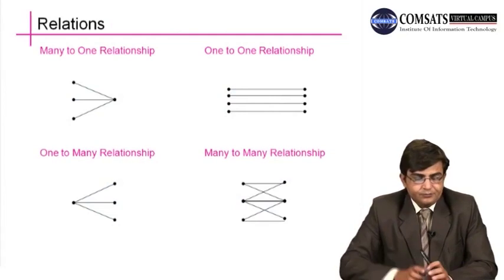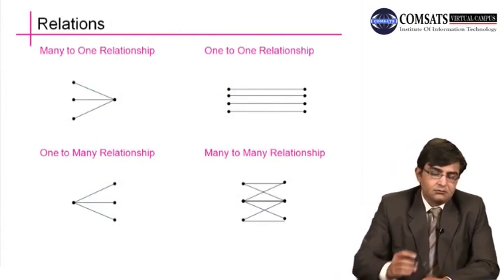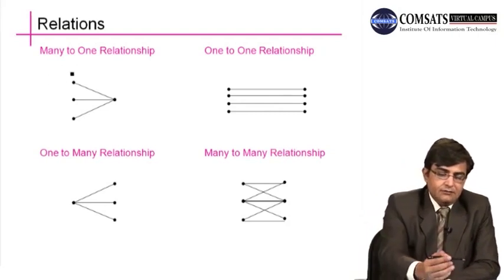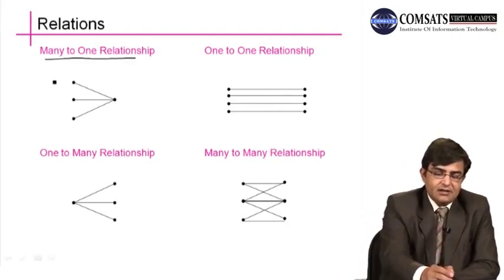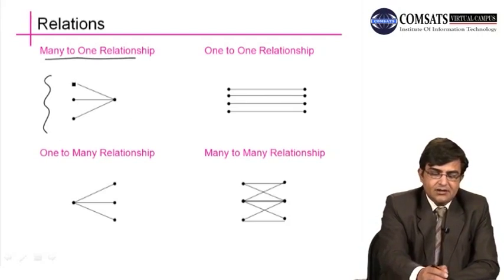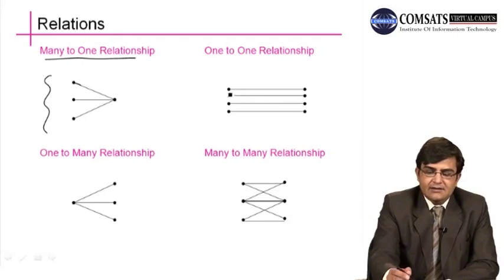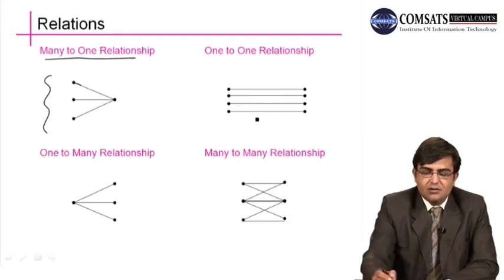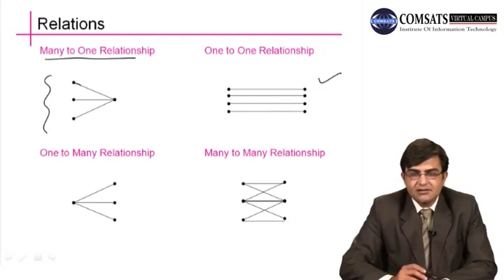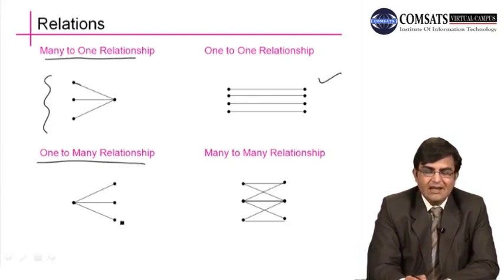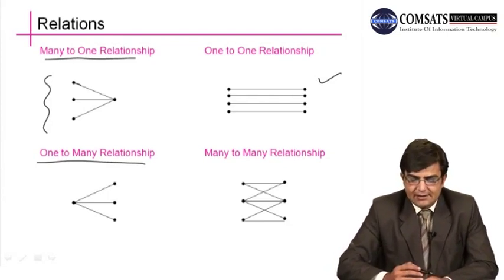We can again specify the four types of relations. Many-to-one relation can be expressed like this, because in this we have connected many to one. This type of relation is one-to-one relation because one element is related to one element in the second set. One-to-many relation means one element of the first set is related to many elements of the second set.